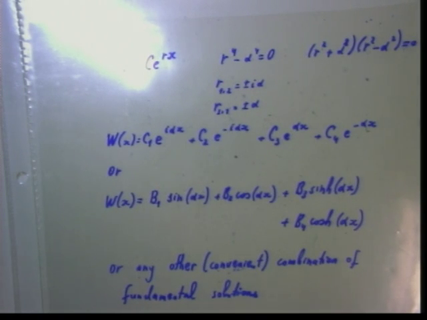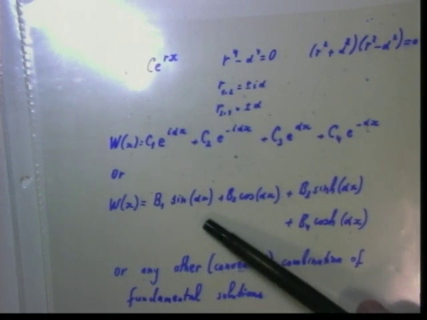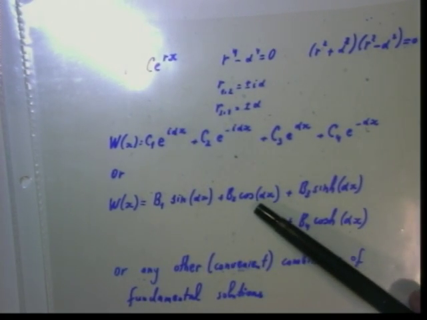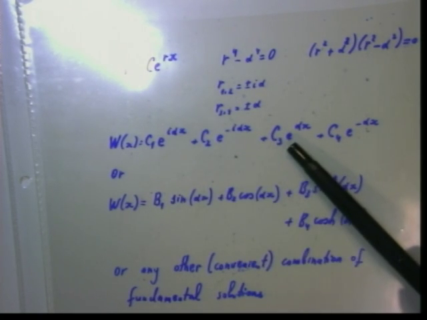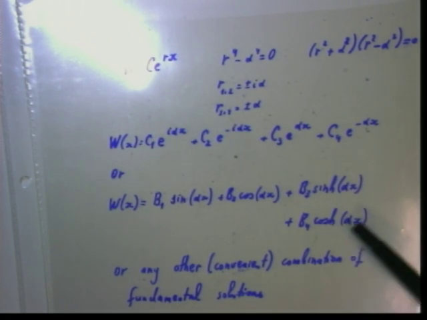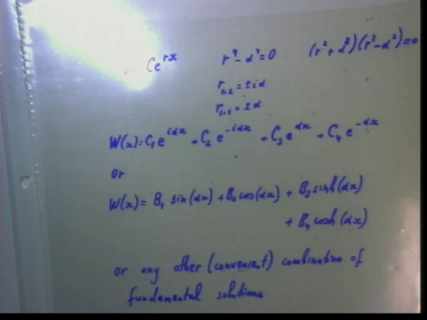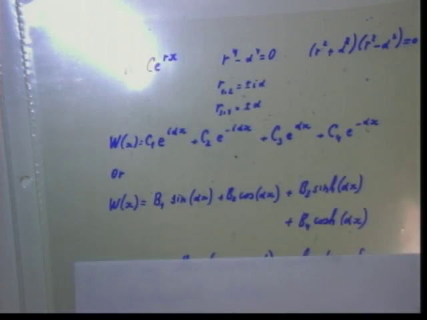Or it could be dealt with like this: B1 sine alpha x, B2 cosine alpha x instead of these two terms, and here hyperbolic sine alpha x, hyperbolic cosine alpha x.